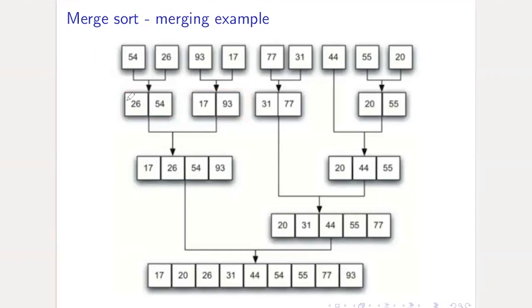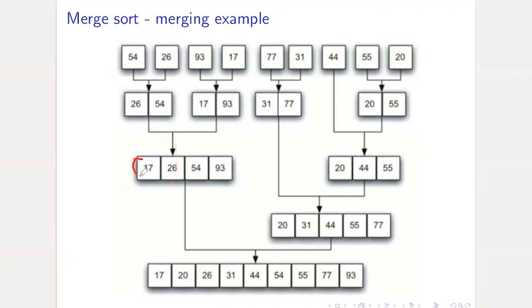You take the first one here, and you have basically two lists, and you take the leftmost of the first list and the leftmost of the right list, and you take the smaller of that, and put it as the first item.